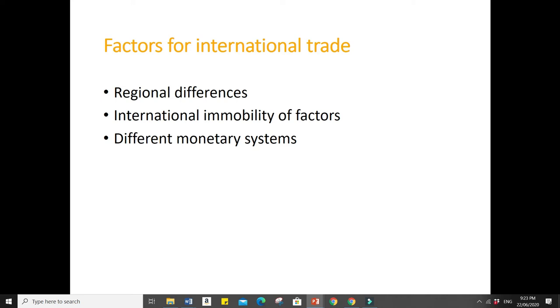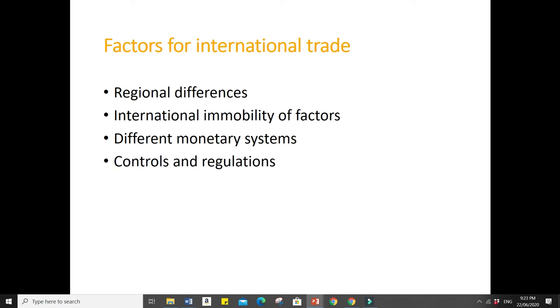So it created problems in terms of foreign exchange. So, with the presence of challenges brought about by problems in foreign exchange, importers and exporters tend to buy inferior goods and also high-priced goods. So, this is one of the factors of international trade, different monetary system.